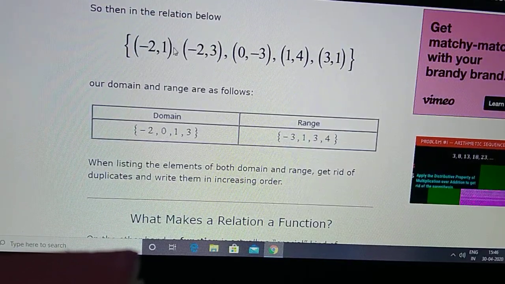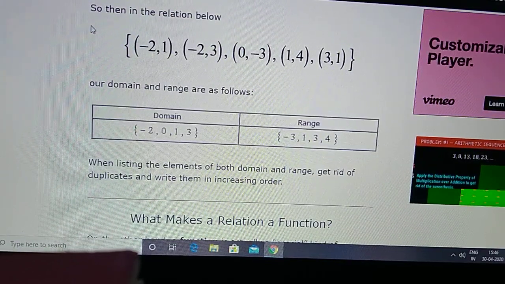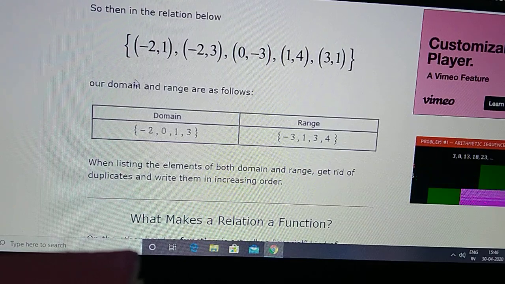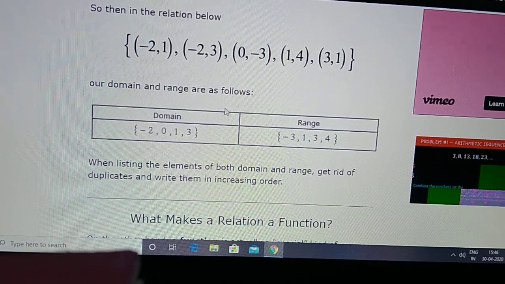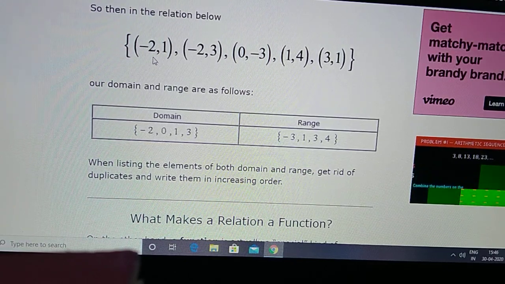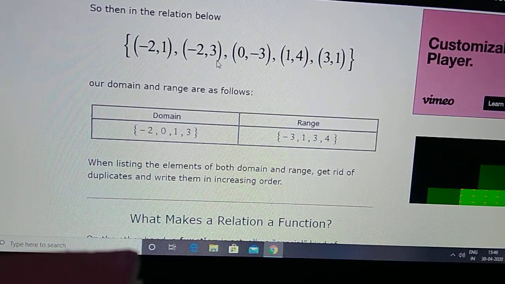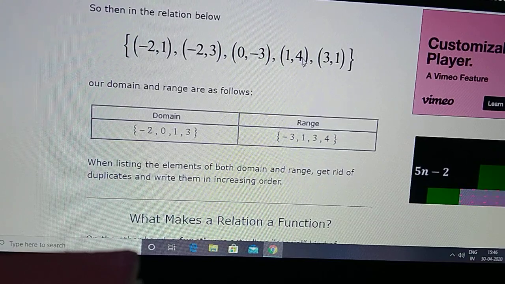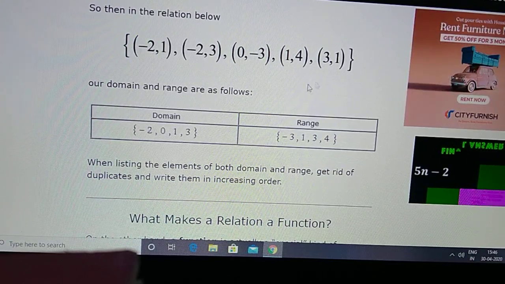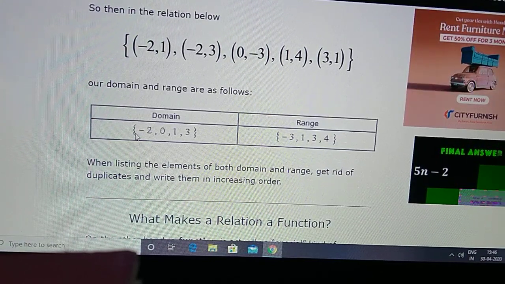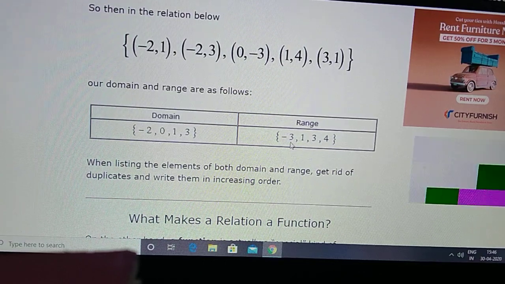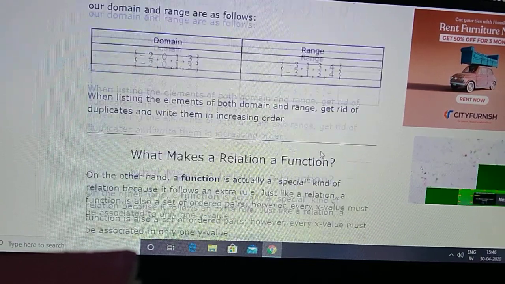This is the relation we have been given, and the domain and range are written separately. Domain: -2, 0, 1, 3. Similarly, in the range section: 1, 3, -3, 4, because 1 repeats, so I have not written it again. The domain and range parts are both understood.